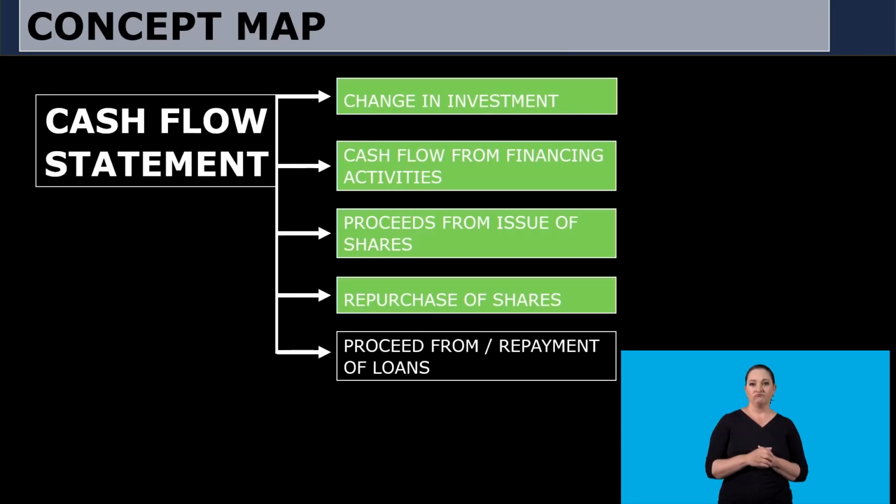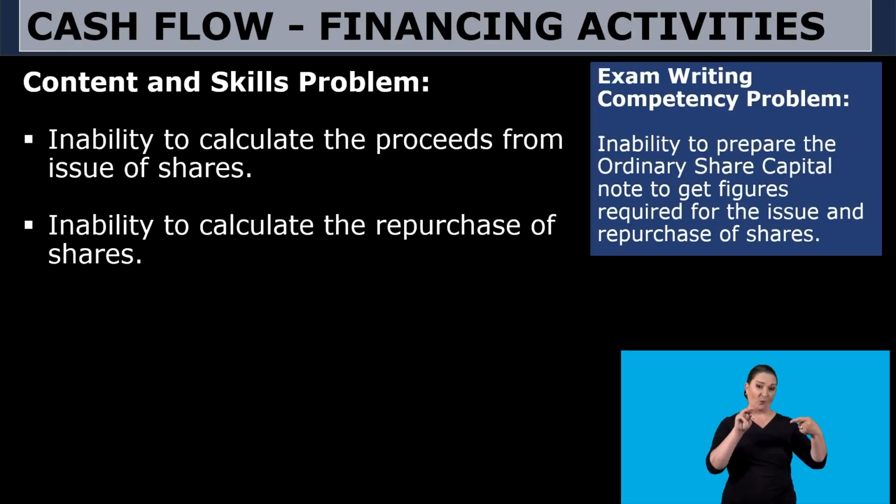The next aspect is the cash flow from financing activities. On the cash flow from financing activities, there are challenges that you may face if you do not prepare properly, because there is always the challenge of not being able to calculate the proceeds from the issue of shares.